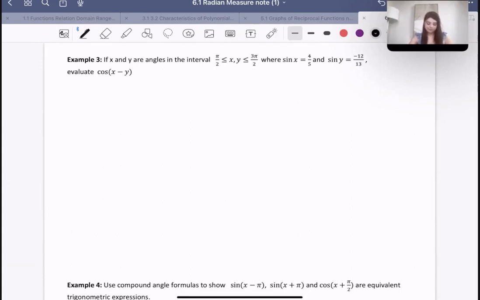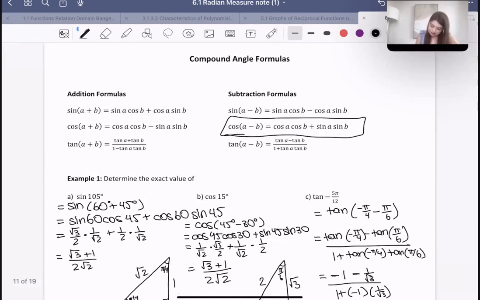Okay. So here it says if x and y are angles in this interval, where sine x is equal to 4/5 and sine y is equal to negative 12 over 13, evaluate cosine x minus y. So going back to our last page with our formulas, cos x minus y was what again?